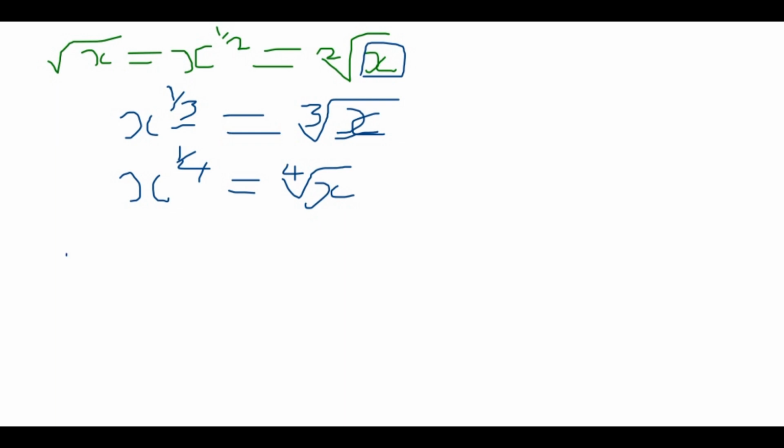So if we have, for instance, the fourth root of 16, it is a number that will multiply itself 4 times to give you 16, and that number is 2. 2 multiplying itself 4 times, or 2 to the power of 4, is equal to 16.